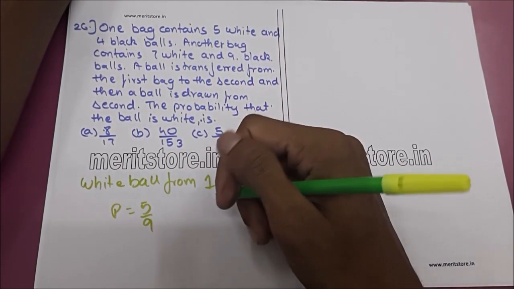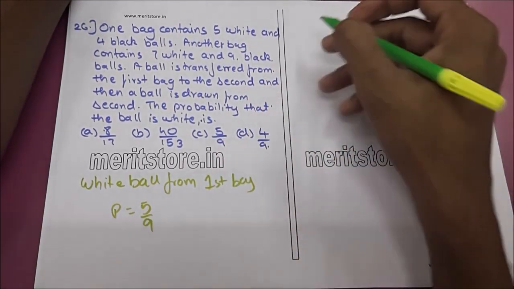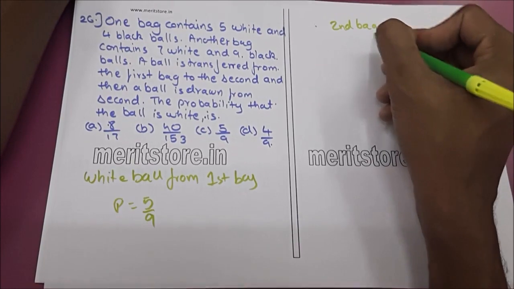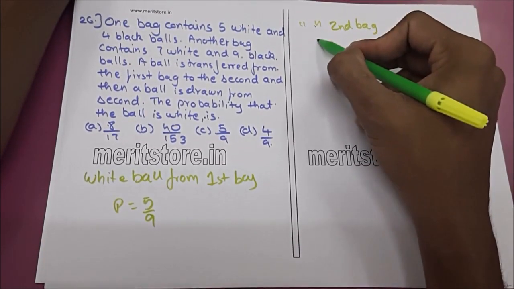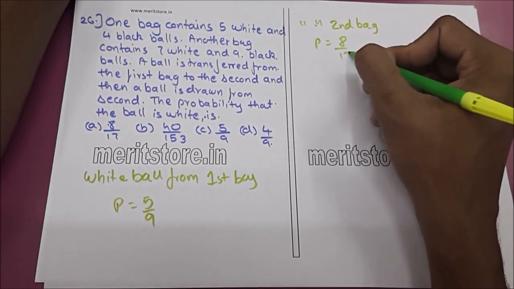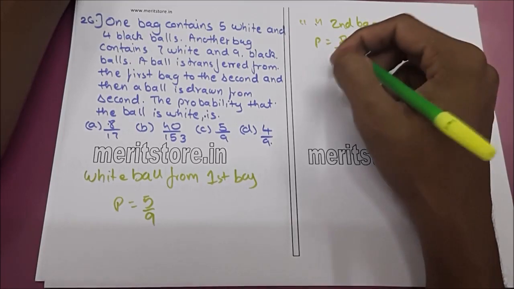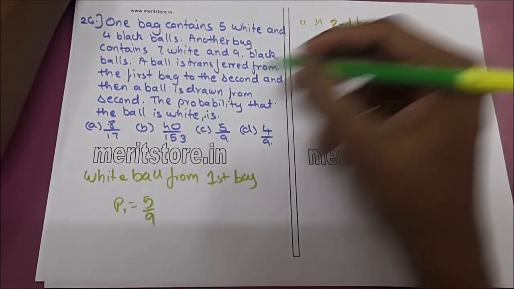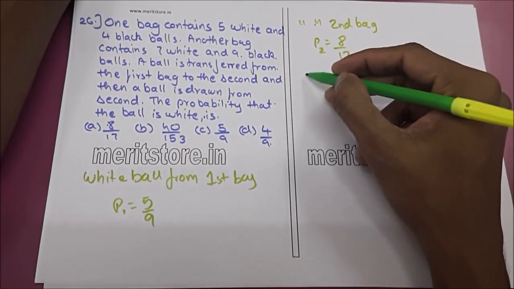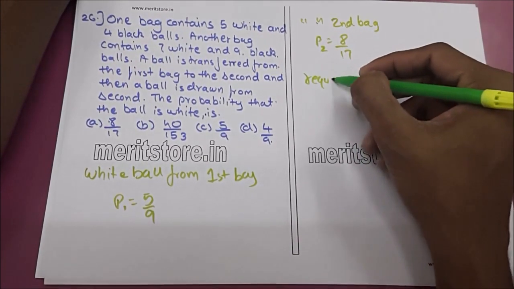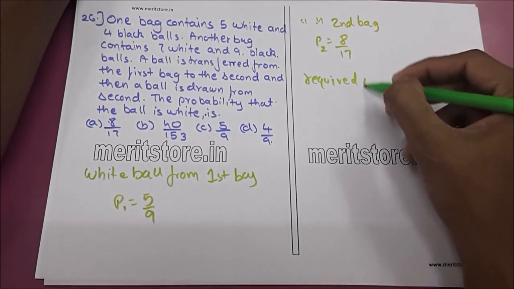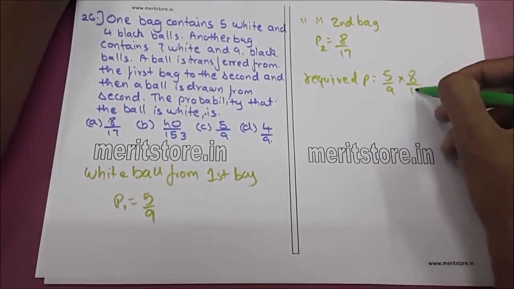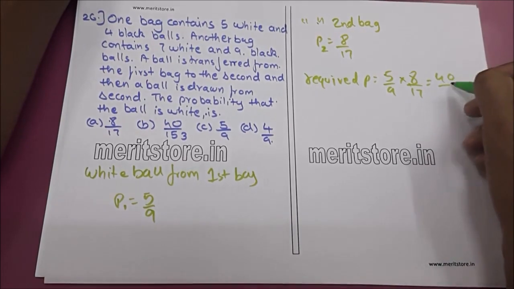The probability of selecting a white ball from the second bag is equal to 8 by 17. So the required probability is the multiplication of both. Therefore, the required probability is equal to 5 by 9 into 8 by 17, which is equal to 40 by 153.